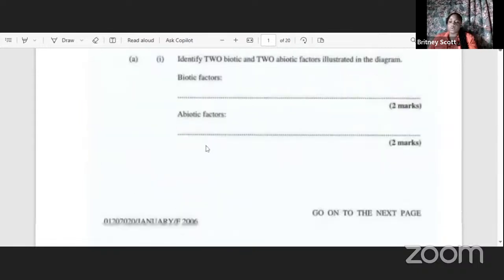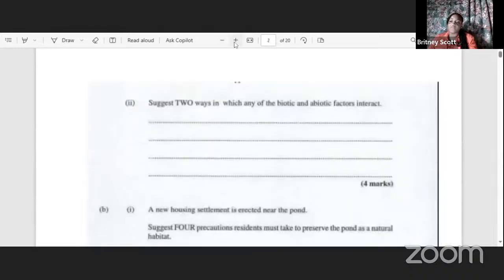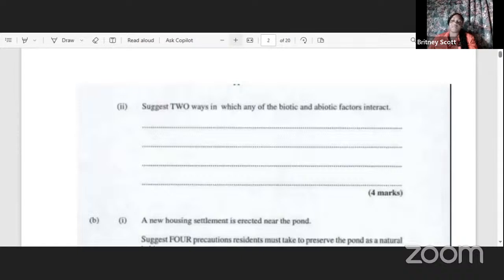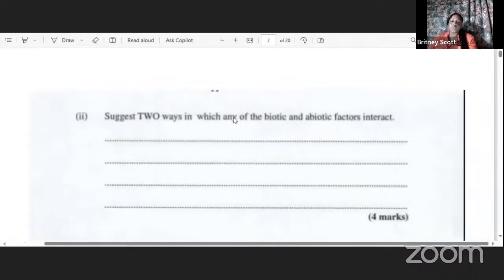All right, moving along to the next question. Suggest two ways in which any of the biotic and abiotic factors interact.